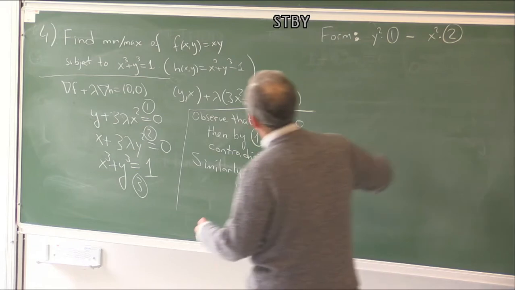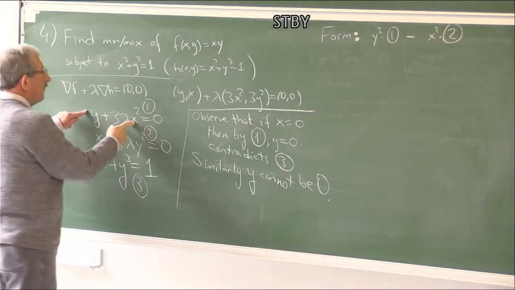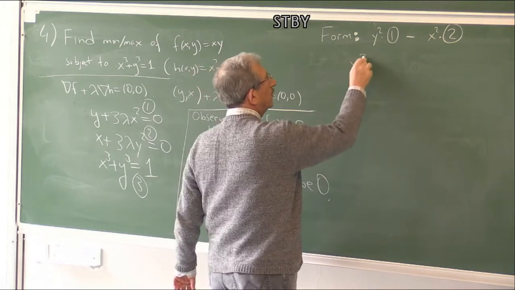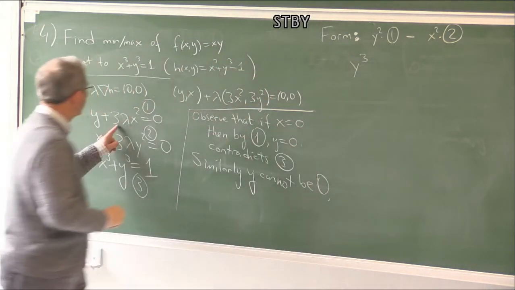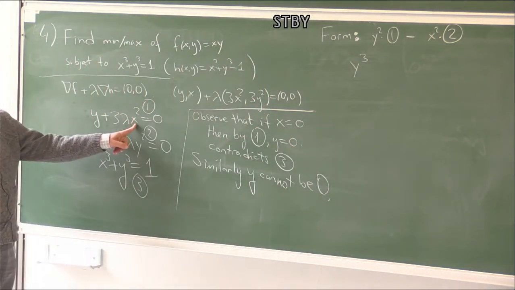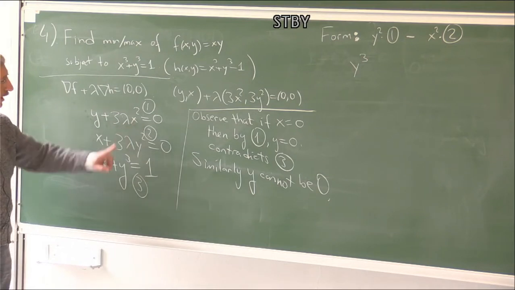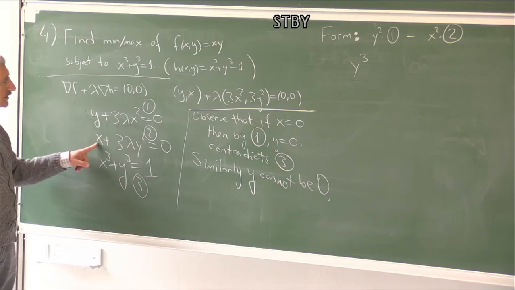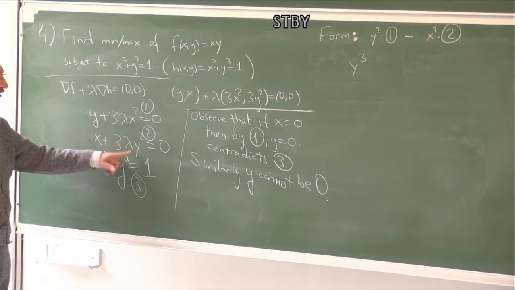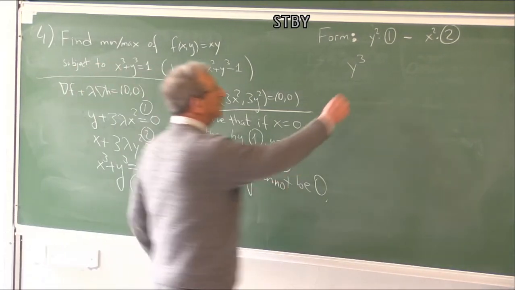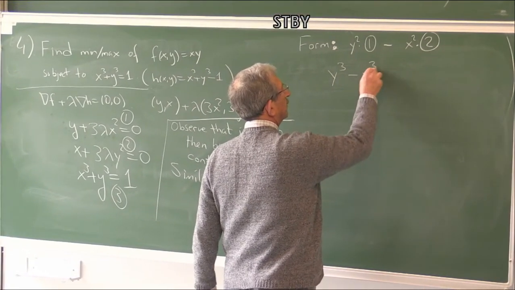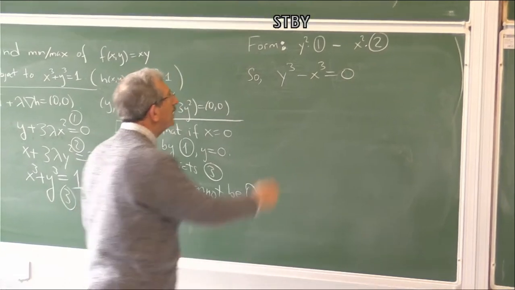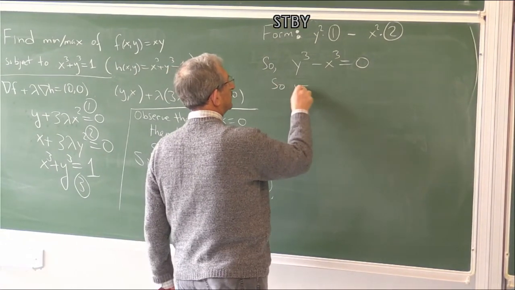Now, what does this give us? If you multiply the first one with y squared, you get y cubed plus 3 lambda x squared y squared. But when you multiply the second one with x squared, you get x cubed plus the same thing. Subtracting, they cancel out. So we get this. Well, this means that y is x.